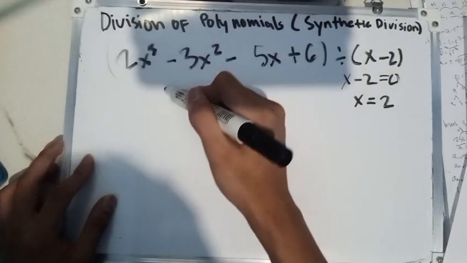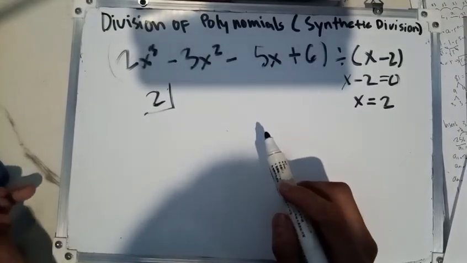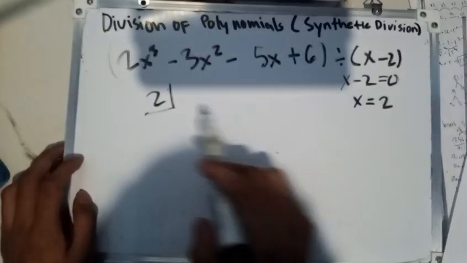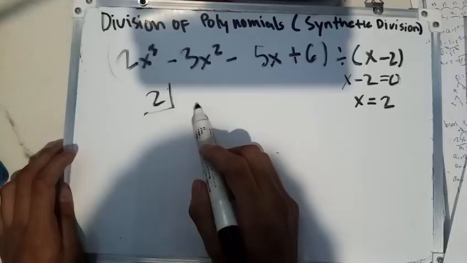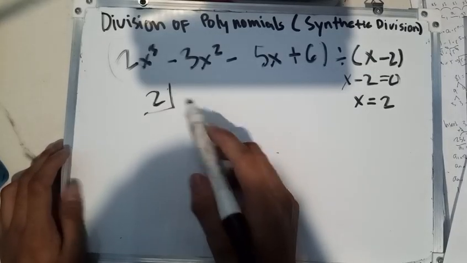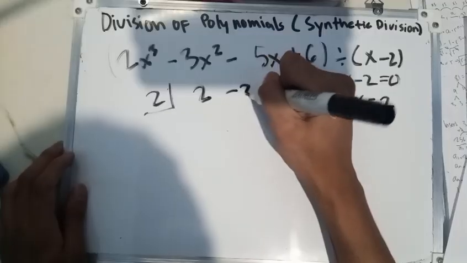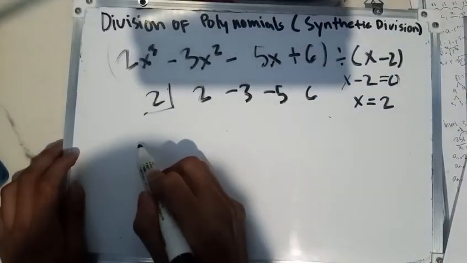And we want 2 inside the little box that we did earlier. Then, on the right side of 2, we will write the coefficient of each term. So 2, negative 3, negative 5, and positive 6.